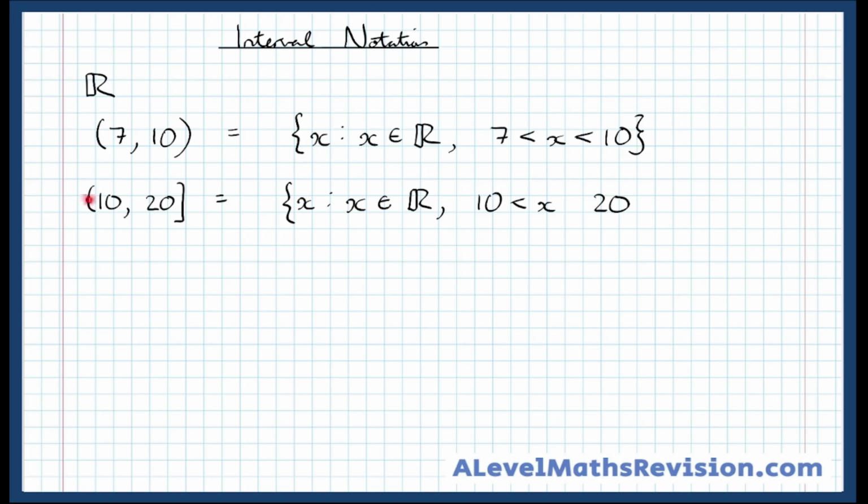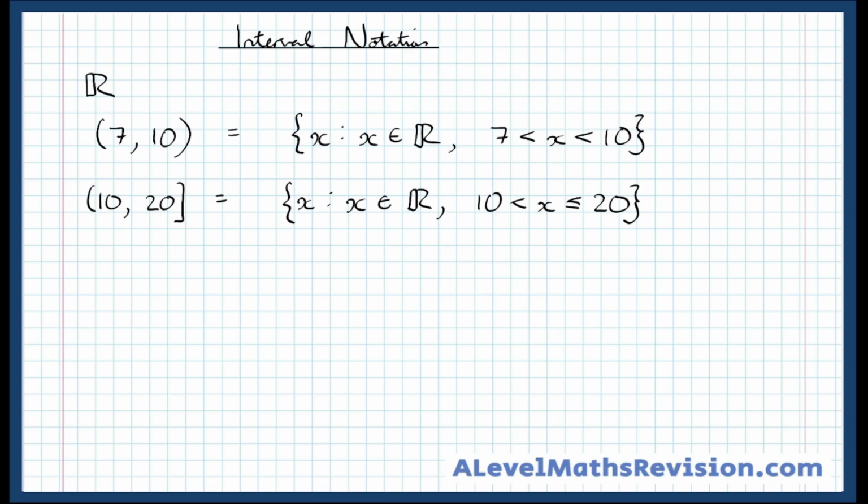We can see it's strictly because it's a curvy bracket. A curvy bracket means strictly. And here we have non-strictly, i.e. or equal to. So x lies strictly above 10, i.e. bigger than 10, but less than or equal to, because it's a square bracket, 20. And let's close that set bracket there.